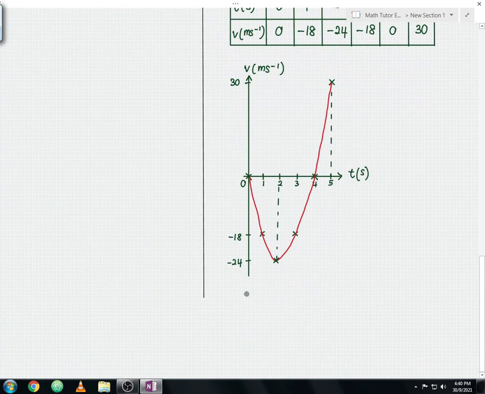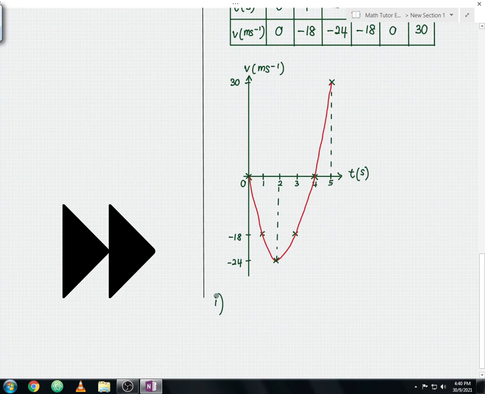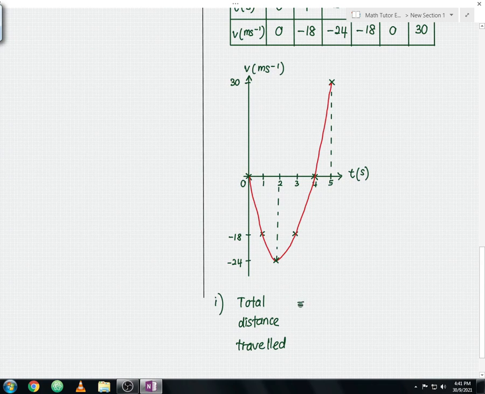So from here, to calculate the total distance traveled will be equal to modulus of the integral from the lower limit 0 to the upper limit 4 of velocity with respect to time, close modulus, plus the integral from 4 to 5 of velocity with respect to time.